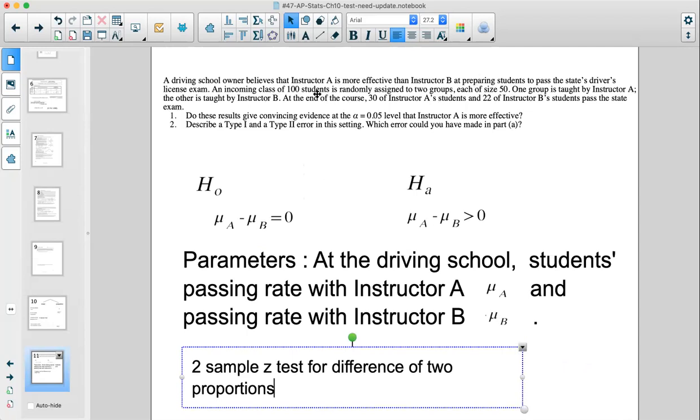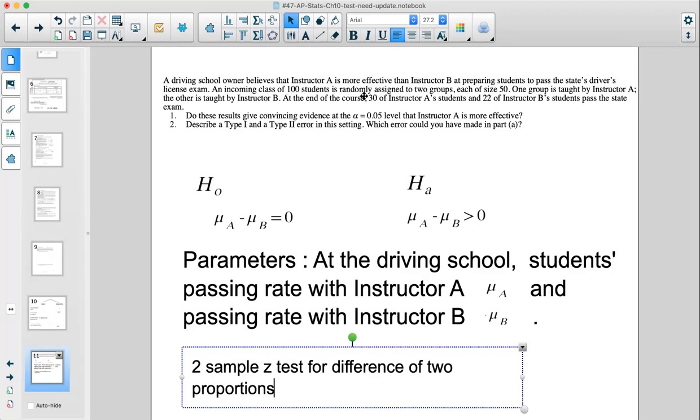And what else? 10%: 10% of the whole drivers, we have to assume, right? So we are selecting 10% of the 100, so 50 each.